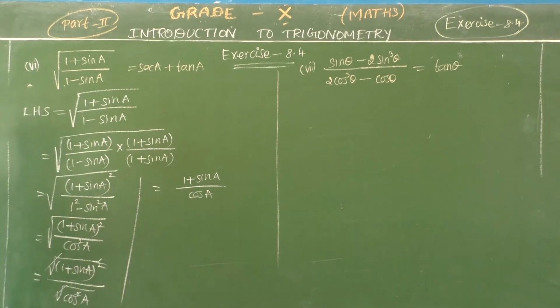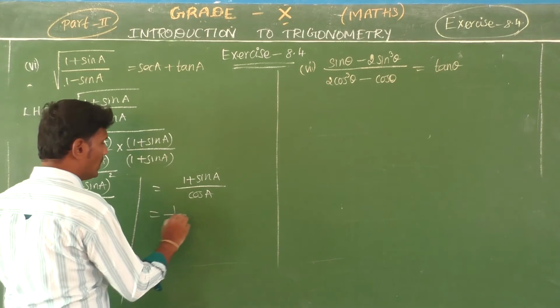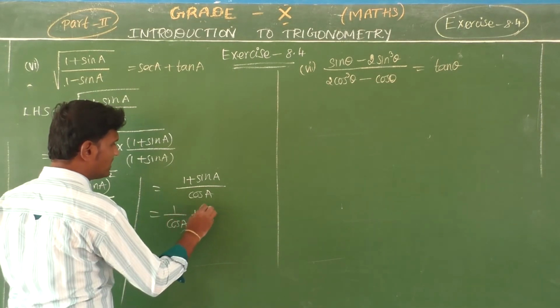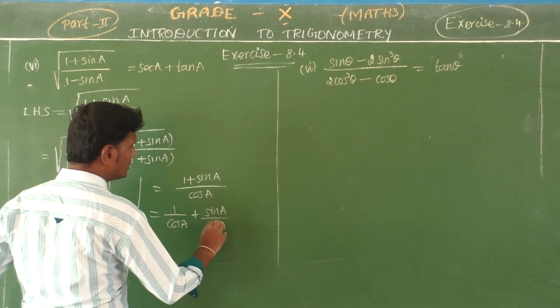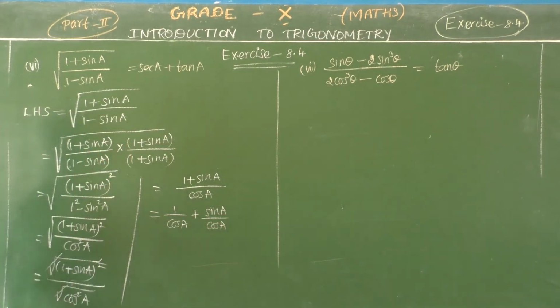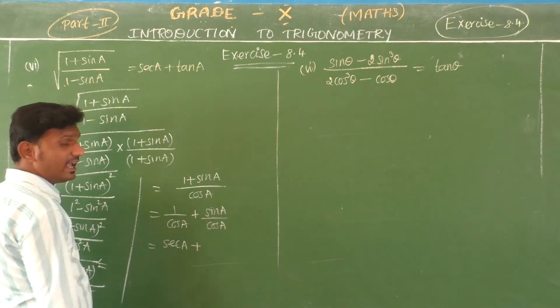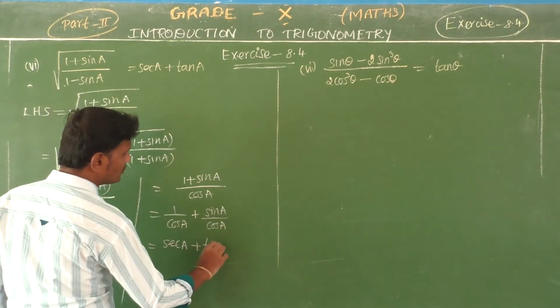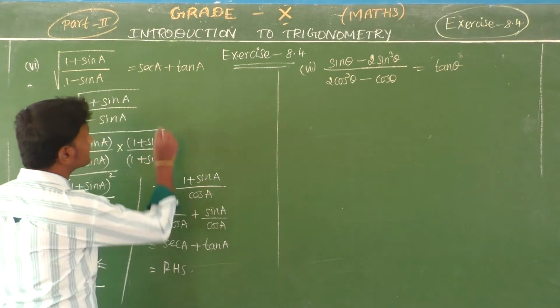Now I am taking individually 1 by cos A plus sin A by cos A, because you have two terms of addition in the numerator. So 1 by cos A is secant A, and sin A by cos A means tan A. So secant A plus tan A.